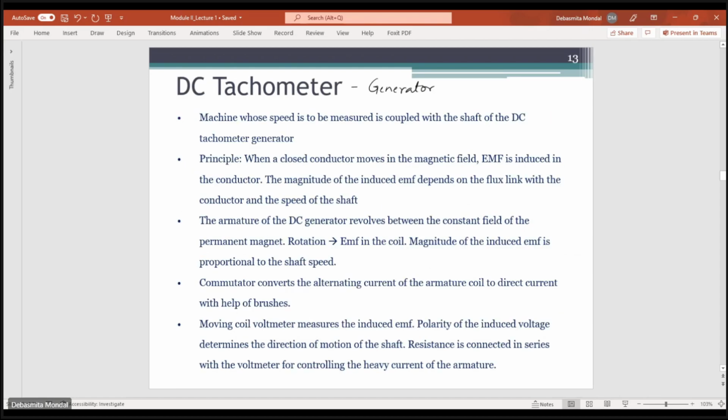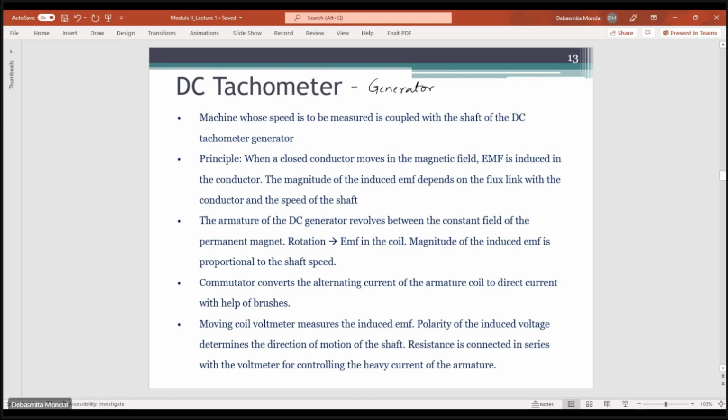Now, the commutator and brush mechanism, without conversion, gives an alternating signal. But in the output, when we measure the output voltage, we want to measure a DC signal.